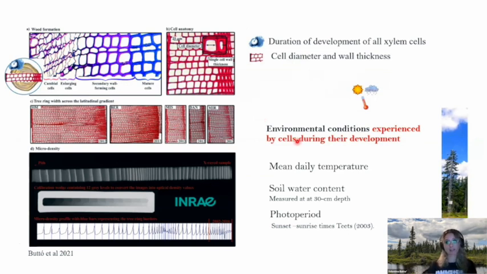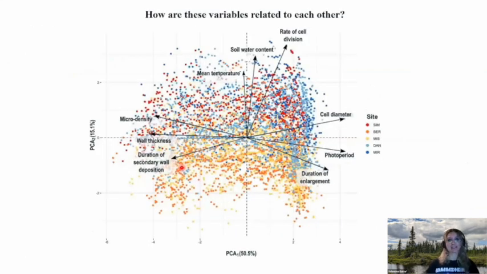And I was able to compute the environmental factors that were experienced by each cell at each day in which it was developing, and I related it to the microdensity. Then I had this very complete information, and I had a lot of variables.